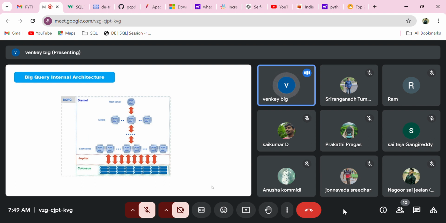These leaf nodes will launch your execution threads, the actual execution tasks. You can call them compute tasks. Taking the execution plan from the mixers, these leaf nodes will launch the execution tasks, which say this query has to be executed on these datasets.